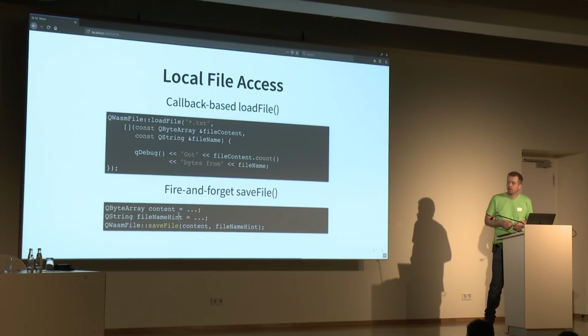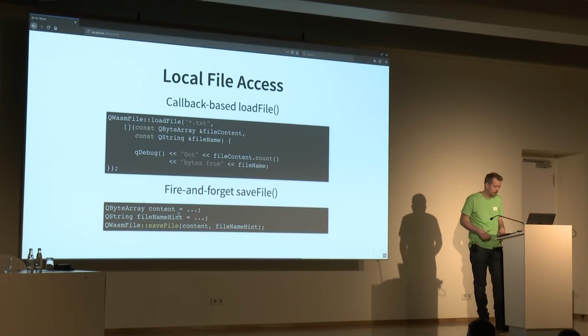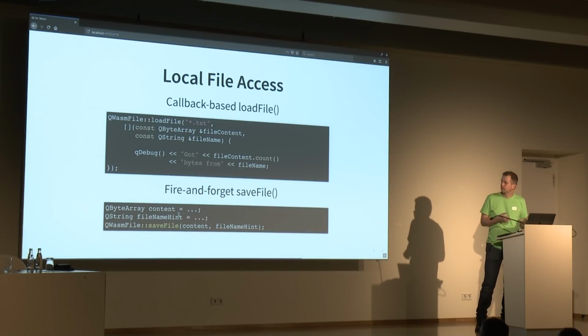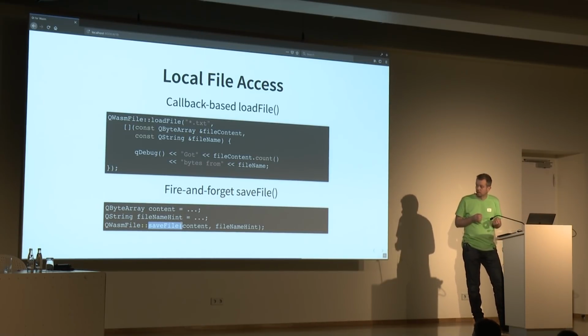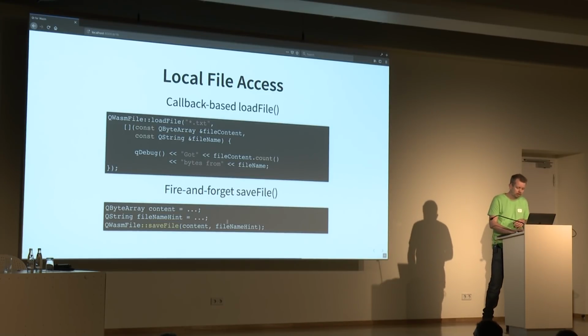There's a similar API for saving a file. This API will start a download, and so the user can specify where he or she wants to save the file. You provide the content, and a file name hint for what the file should be named.